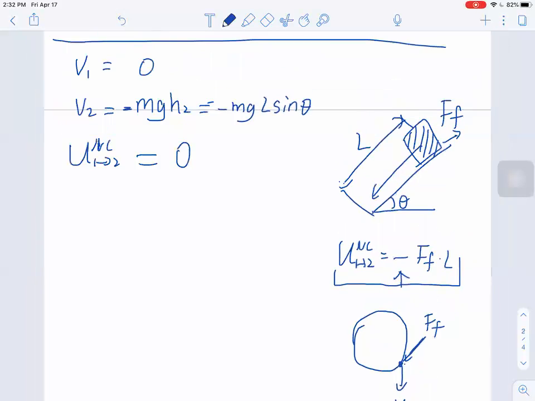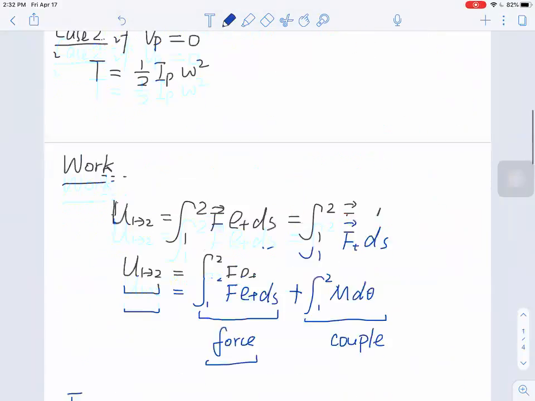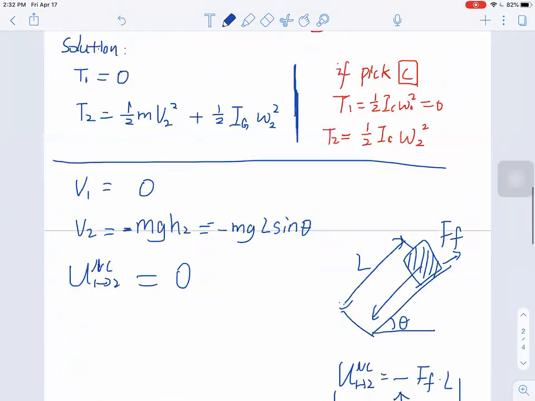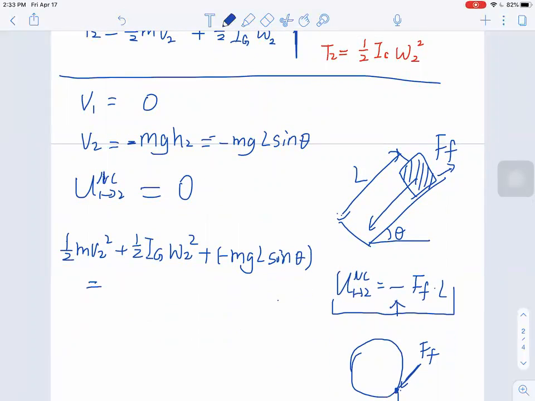Okay, so far we have all the components for the work energy equation. We can put them together, assemble them. T2 plus V2. T2 is 1/2 V2 squared plus 1/2 Ig omega 2 squared, and V2 is negative mgL sine theta, and it's equal to T1 plus V1.